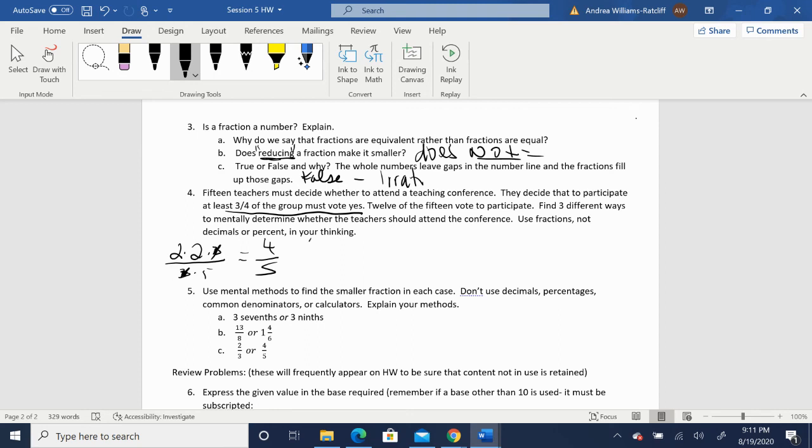Now let's compare that to 3/4. Both of these are one part away from the whole. A fourth is a bigger part than a fifth, so 4/5 is closer to one whole. What does that tell us? It lets us know that 4/5 is greater than 3/4. So yes, they should attend.